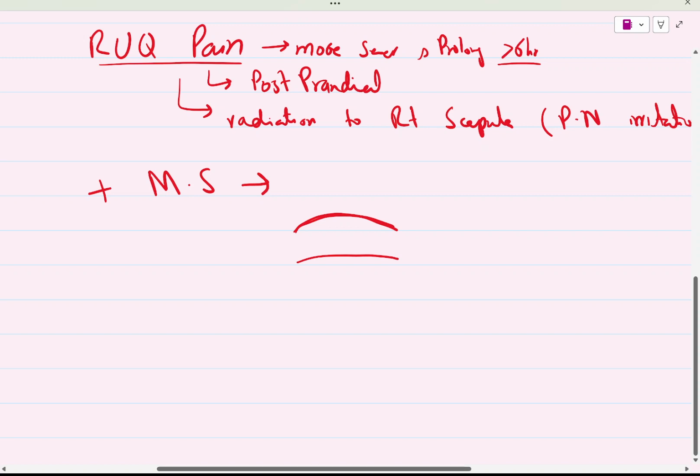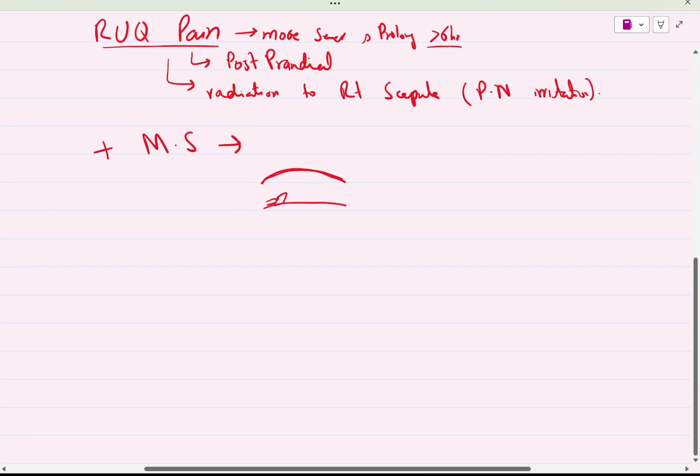When you palpate the gallbladder with your hand and your hand touches it, the patient will stop his inspiration. There is a sudden pause during inspiration. This is called a positive Murphy sign.